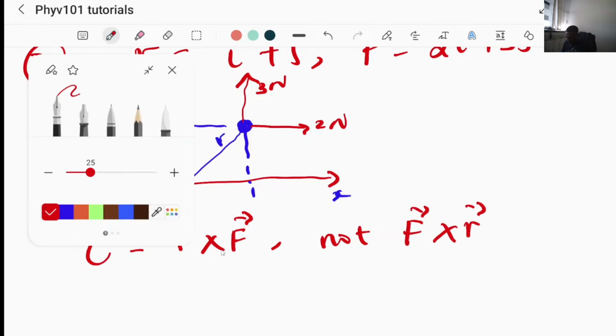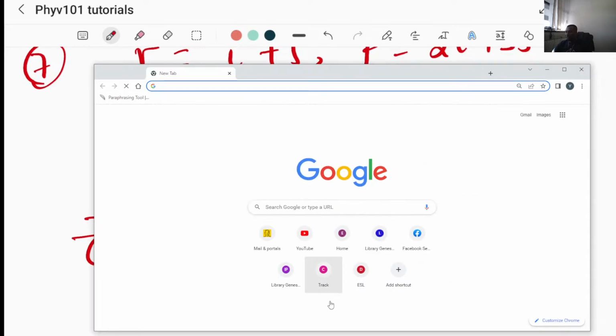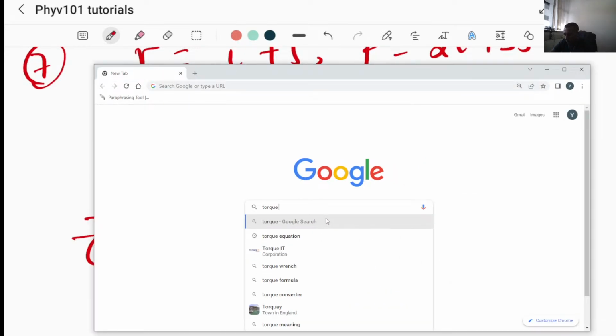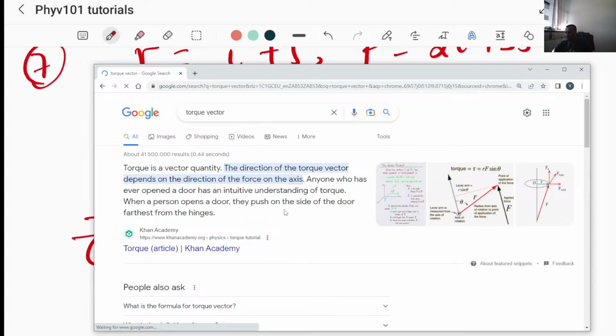Let me check, because I don't have a student online. I'm going to go into Google and check the definition of torque. Let me see. What is torque? T-O-R-Q-U-E. Equation, in terms of equation, vector also. V-E-C-T-O-R. If you guys were online, you would have said, sir, it's R cross F. A cross product. I want cross product.